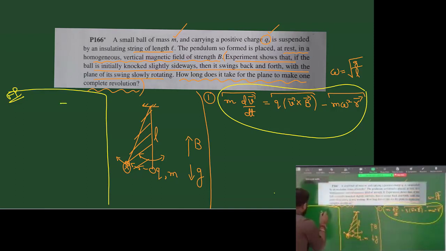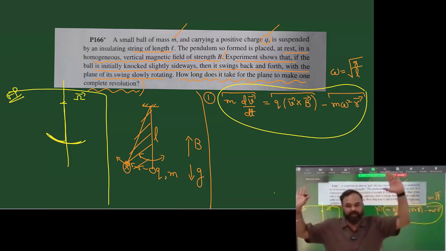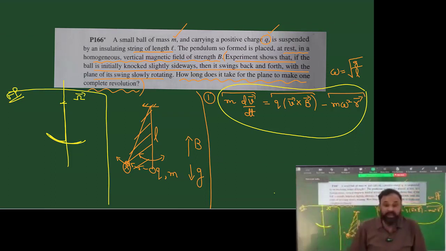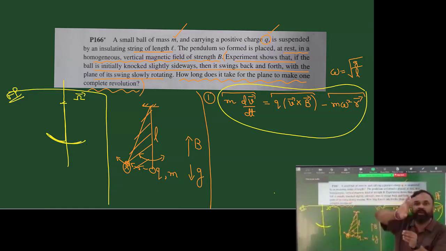So if this is my pendulum in the new situation, and this is the axis, and I am myself rotating with the angular velocity, I'm using a new omega vector about the axis, then what will I observe? Now, because I am spinning with this angular velocity omega, I will observe that this pendulum has got an anti-omega vector.